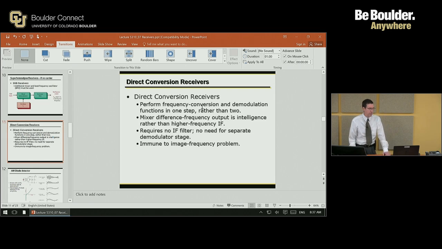Then there's another type of receiver that people like, called a direct conversion receiver. Basically, it doesn't use that IF stage. It completely skips that stage and mixes all the way from RF down to audio. The reason people like it is that it's simpler, and it's immune to image frequency. Anyway, you might see more of those.